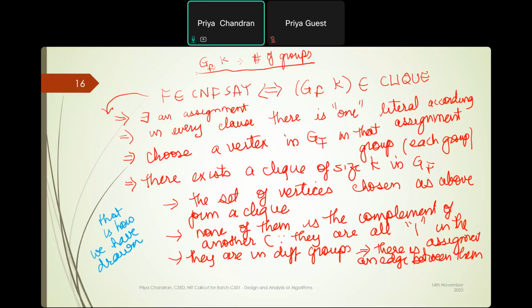Also vertices labeled with complementary literals in different groups, that has been avoided. All the others are there. So as these are all one literals, they are not complements of each other, and they are in different groups. So there must be the edge. So hence there is a clique. So F belongs to CNF SAT implies that G_F,K belongs to clique. That is, G_F contains a clique of size K.